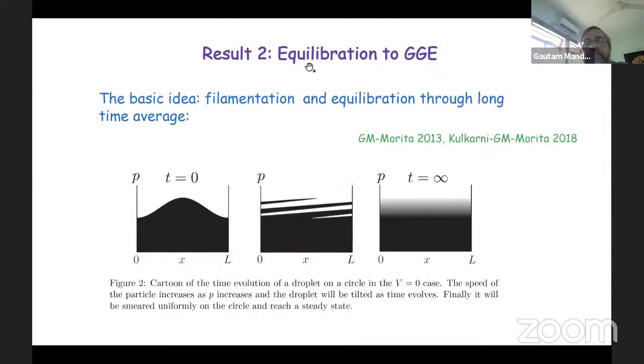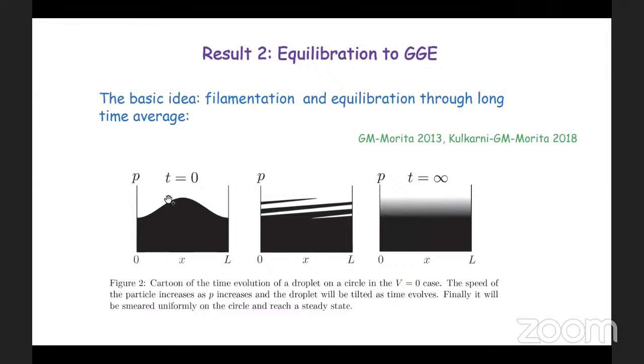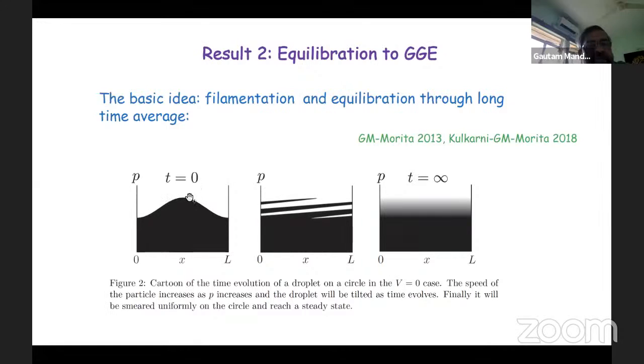The result: this is the way we solve the problem of the shock front, the singularity, and then the equilibration to the GGE that happens in these Fermi gas problems, in the following way. Basically the top here goes and hits this wall.